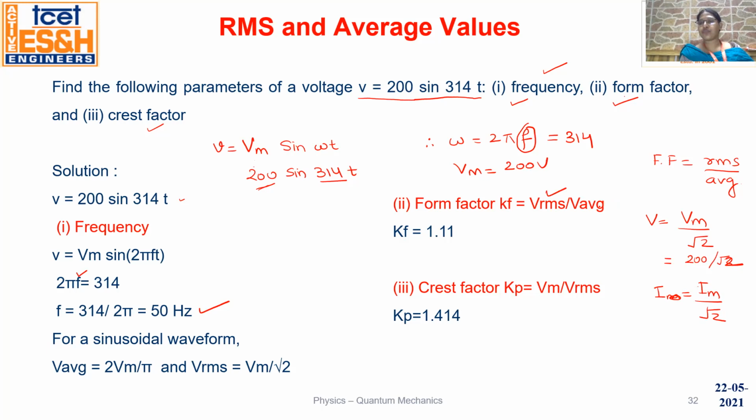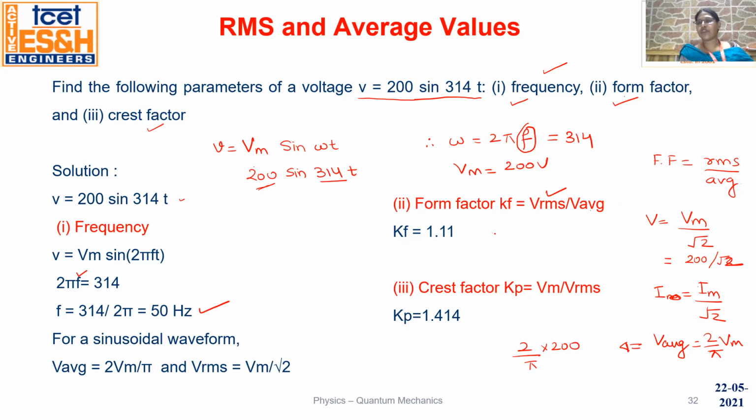Now we have to find V average. The formula for V average is 2 by pi into Vm. So 2 by pi and Vm is 200. So this is the formula for V average and Vrms.